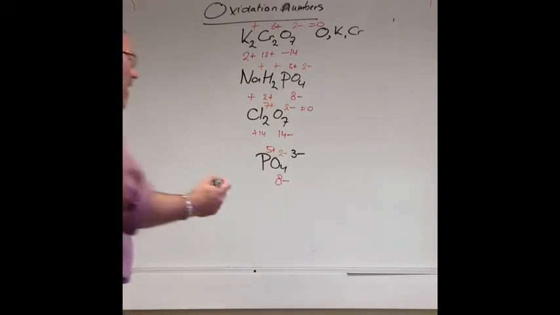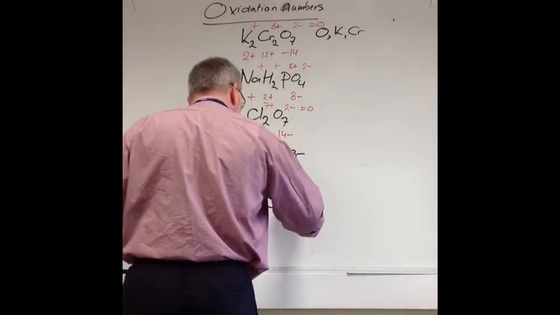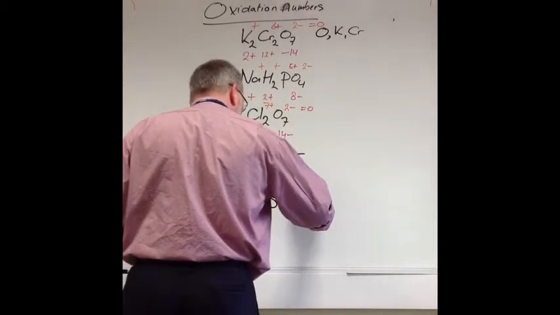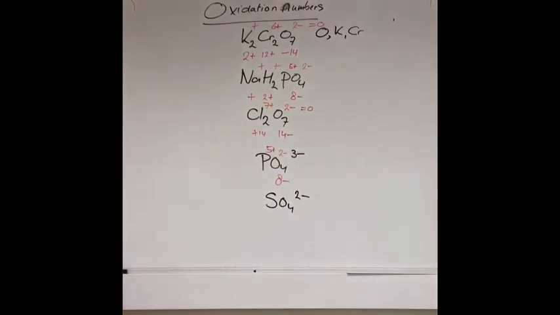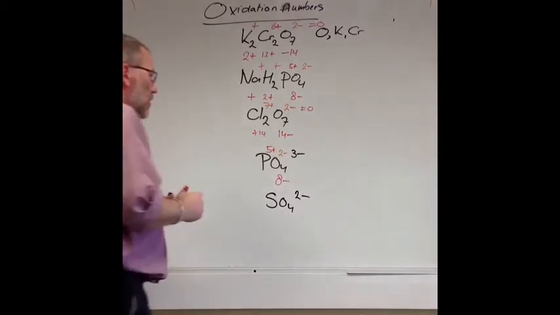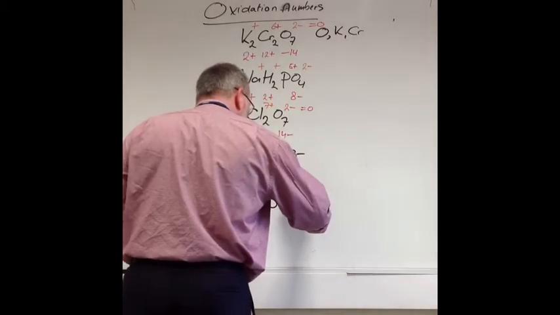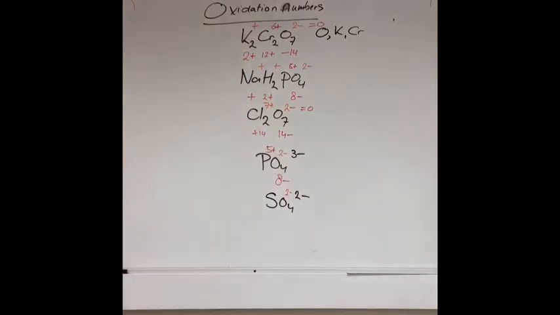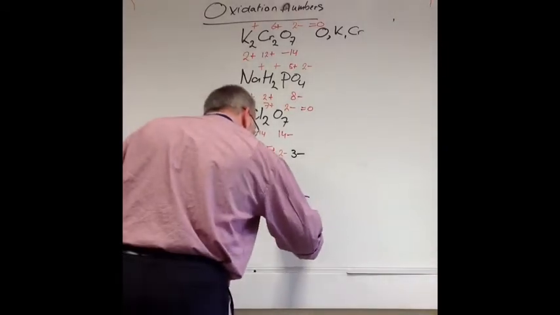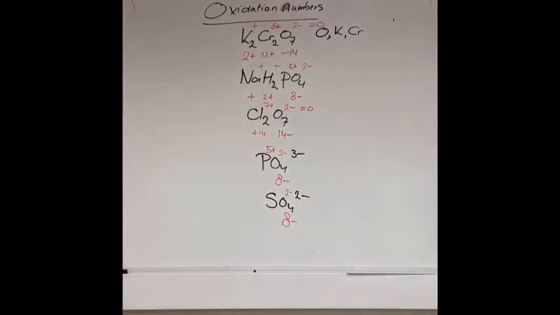Let's take another anion, the sulfate anion. SO4 2 minus. Again, it has oxygen, therefore oxygen will be 2 minus. We have 4 oxygens, that is 8 minus.